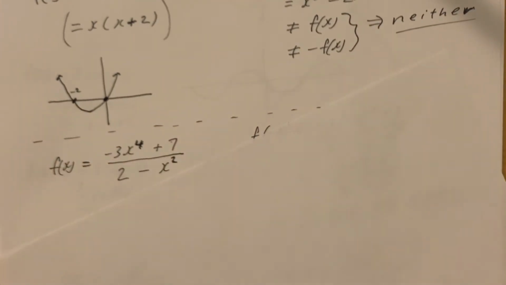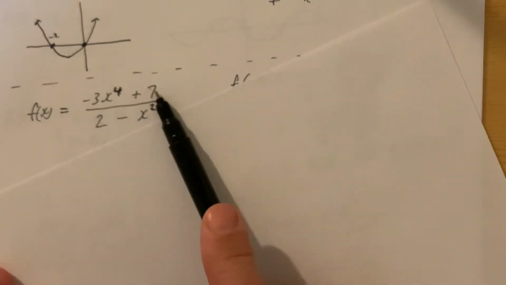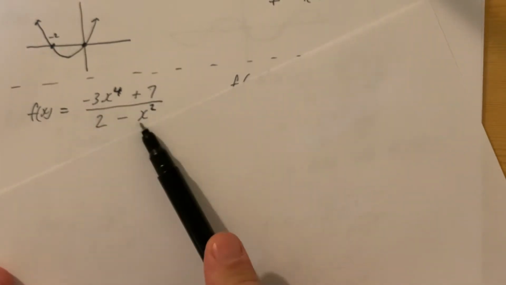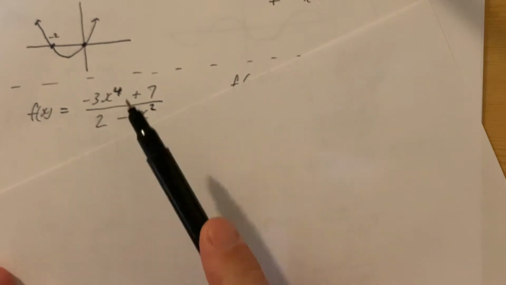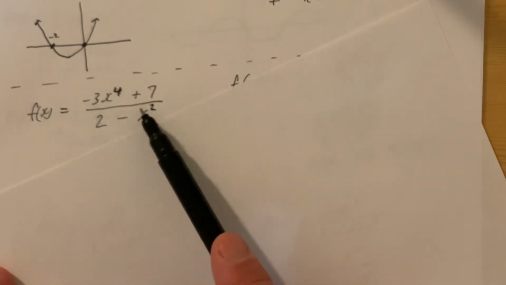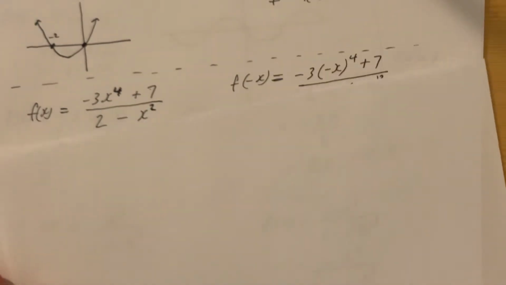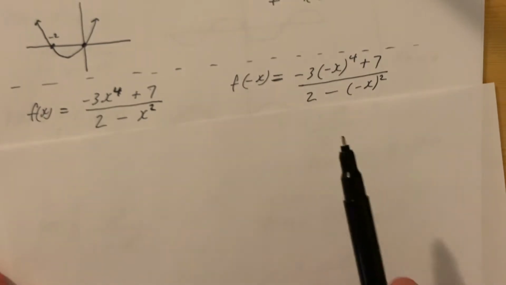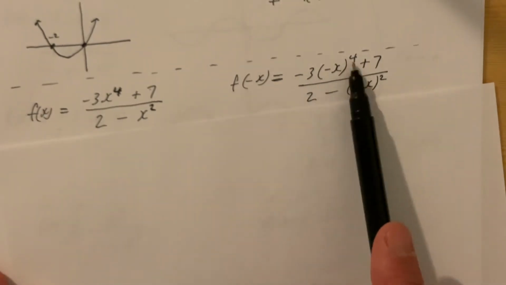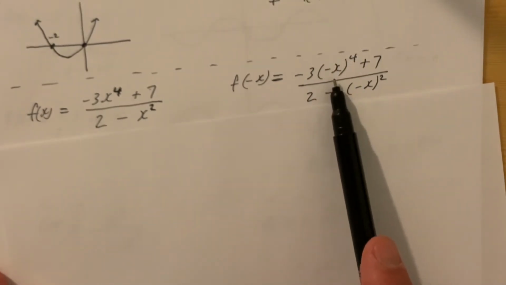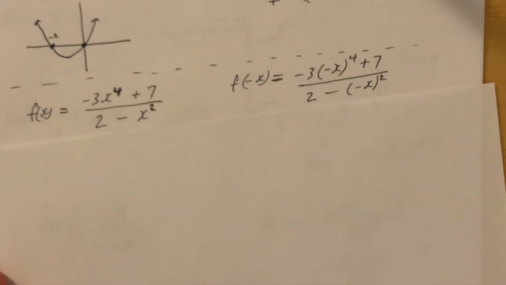And if you had something like this one here, negative 3x to the fourth plus 7 over 2 minus x squared, if I replace all the x's with negative x, this is what I get. You can pause and check this out to see what you get.